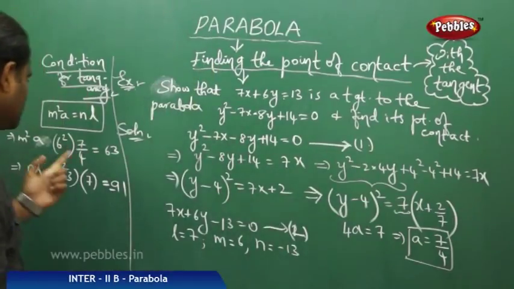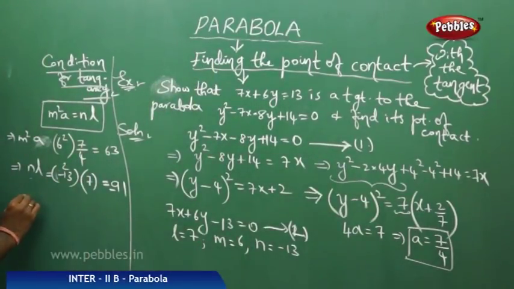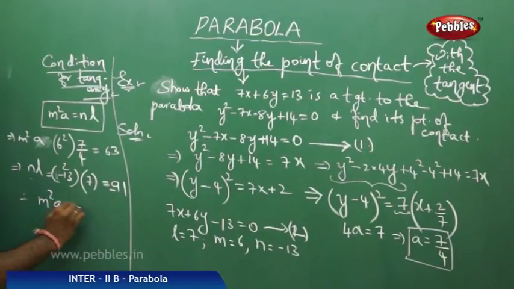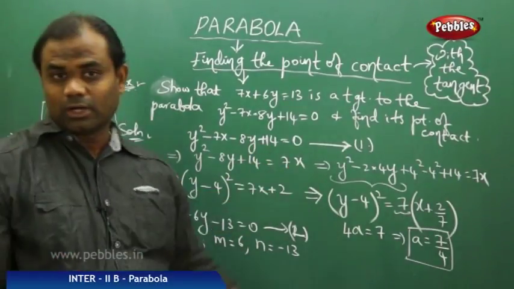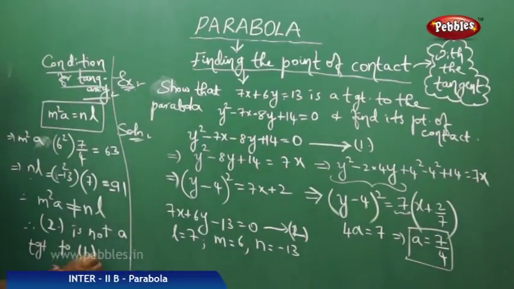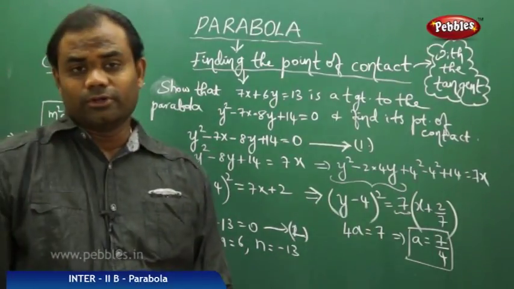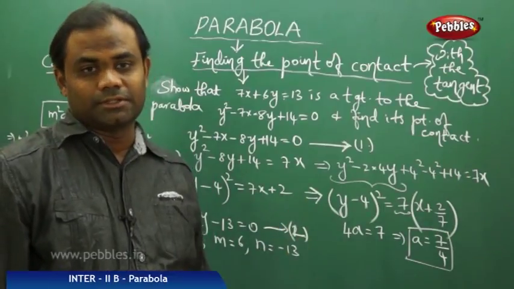Now as we can clearly see, my m square a is not equal to NL, therefore line 2 is not a tangent to the parabola given by equation 1, is how we conclude, and therefore there exists no point of contact. This is how we conclude the point of contact connected with the tangent.